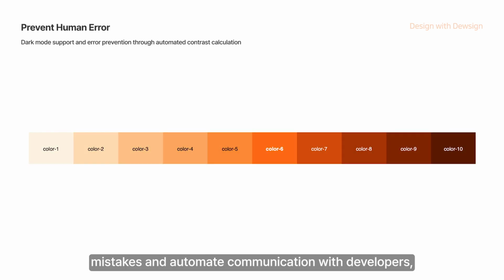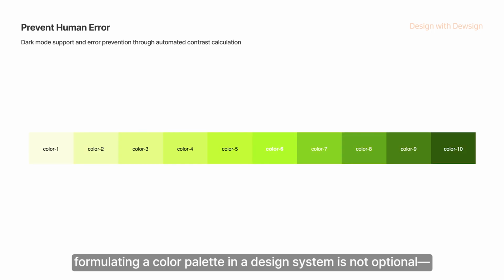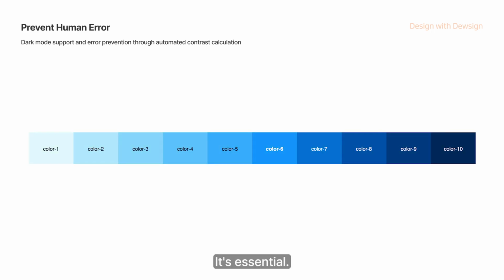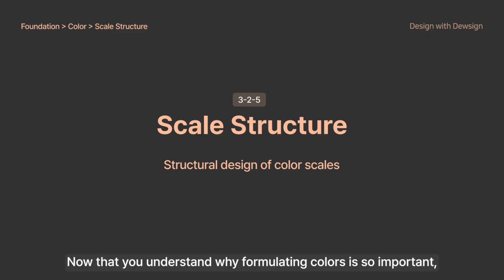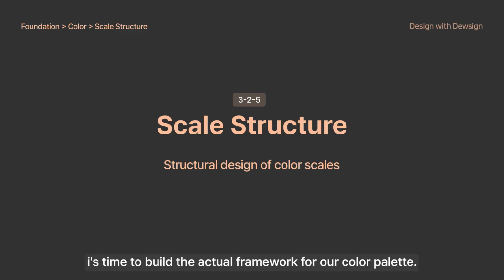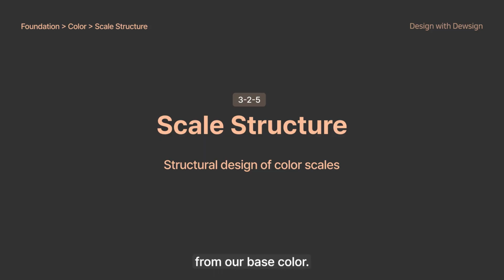To reduce designer mistakes and automate communication with developers, formulating your color palette in a design system is not optional, it's essential. Now that you understand why formulating colors is so important, it's time to build the actual framework for our color palette. In this video, we'll look at the basic scale structure, specifically how to construct lighter and darker shades from our base color.